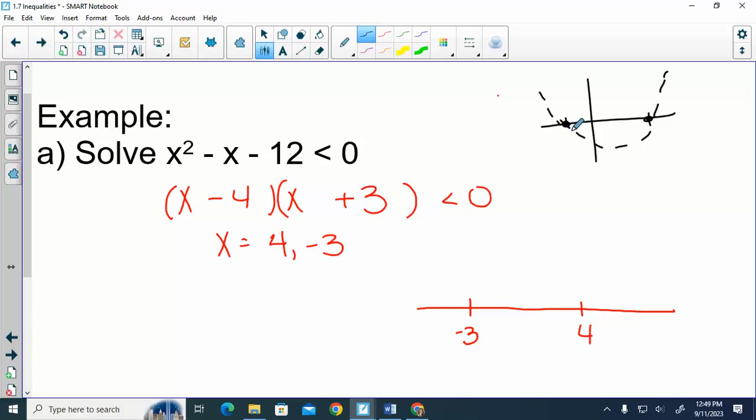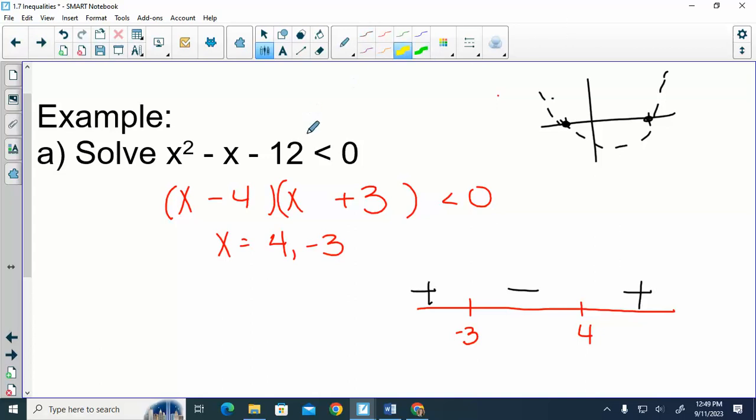So before I got to -3, was my graph positive or negative? Positive, because it was above the axis. In between -3 and 4 was negative. After 4, my graph was positive again. You okay with how I got that?